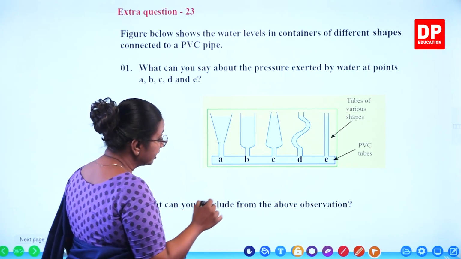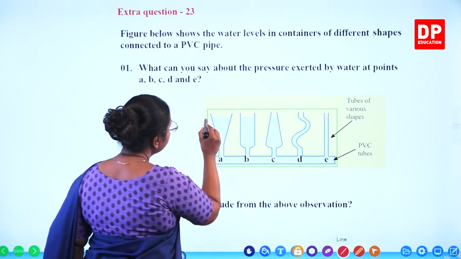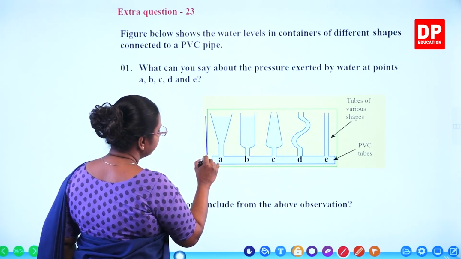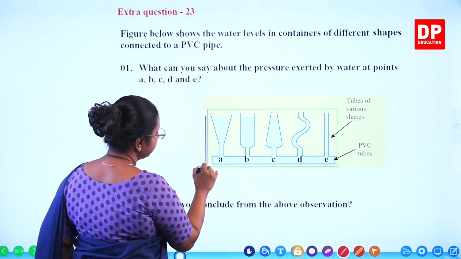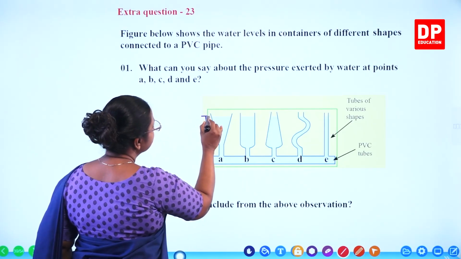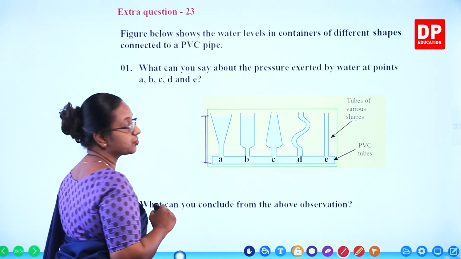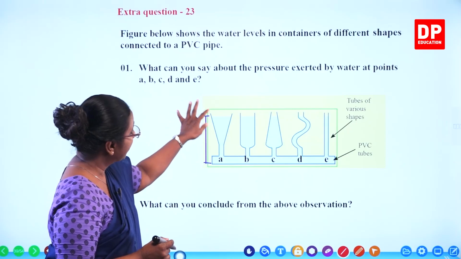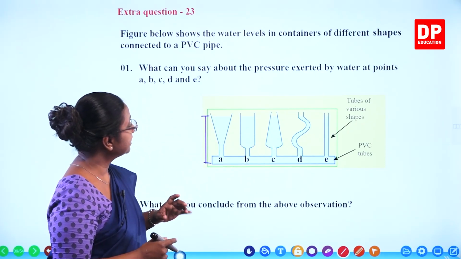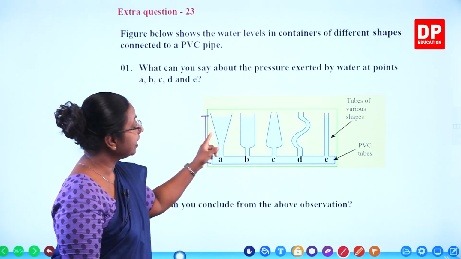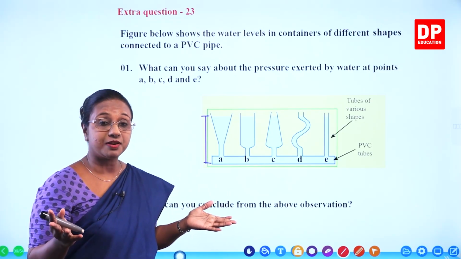If you take the vertical height up to this point, then it will be the same for all the containers. Vertical height is going to be the same. But you can see in all these containers, the volume of water that is there is different because the shape is different.